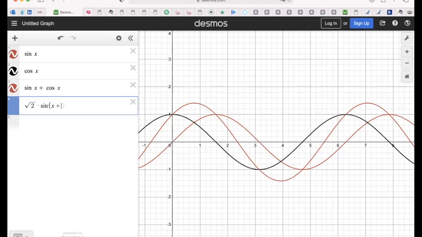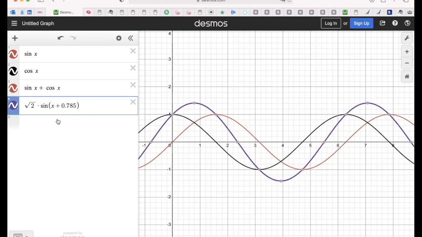So pi by 4 will do that for us. What we're going to look at is how to calculate this, how to figure it out. As you can see, different values of this angle make for different translations. So we want the translation that will land on top. So that will be 0.785.